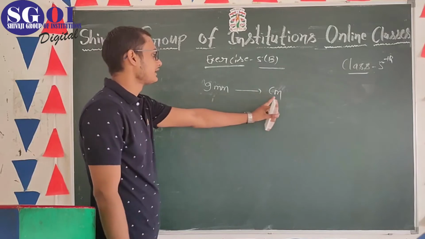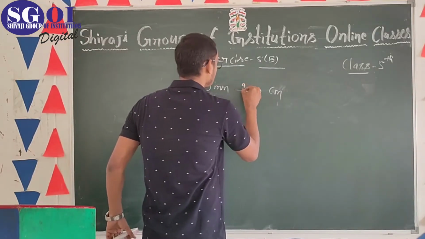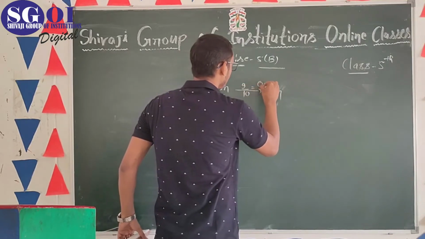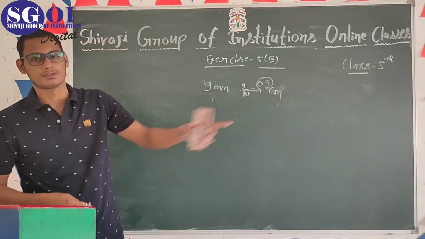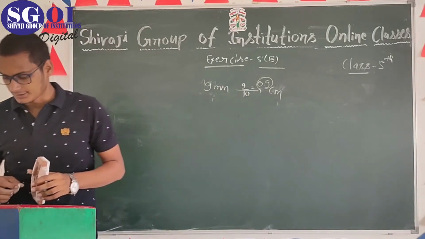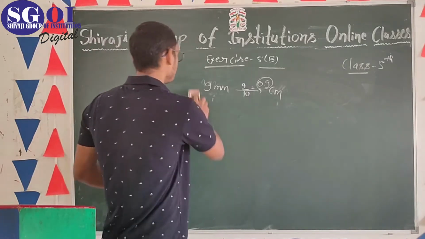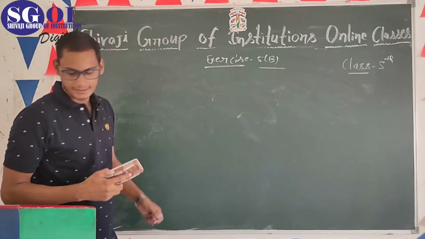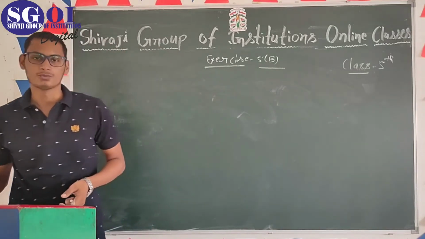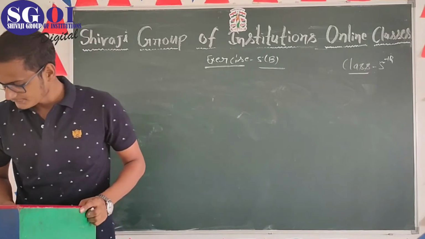So millimeter changed into centimeter, we divide 9 upon 10, which is equal to 0.9. 0.9 centimeter is the right answer. Okay. Question number 3. 26 millimeter. We divide 26 by 10, so we get the answer 2.6 centimeter.